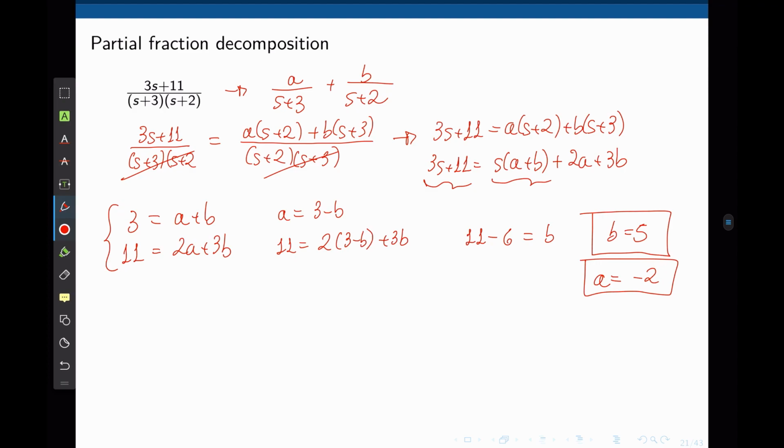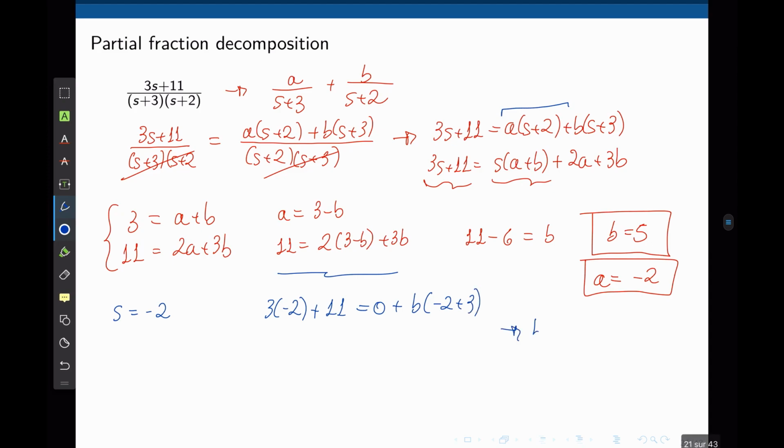You may have learned how to calculate A and B using a different technique, and that is perfectly fine. This is just one of them. For example, instead of calculating it using a system of equations, we could have used a different technique. Here we want to cancel this term, so we set s to negative 2. That is 3 times negative 2 plus 11 equals 0 plus B times (negative 2 + 3).